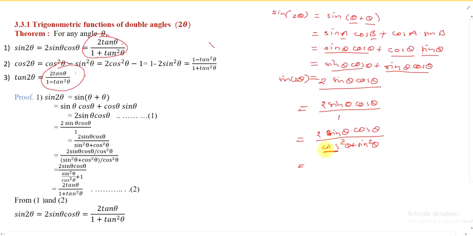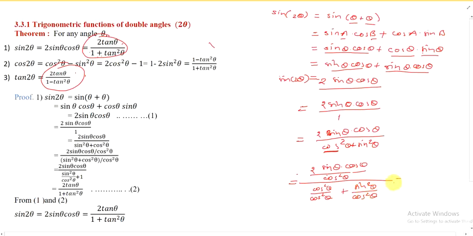Divide this term again by cos square theta. We cannot divide only a single term, we have to divide the numerator and denominator. Therefore, dividing, we get 2 sin theta into cos theta upon cos square theta for the numerator, isn't it? And for the denominator, cos square theta upon cos square theta plus sin square theta upon cos square theta.